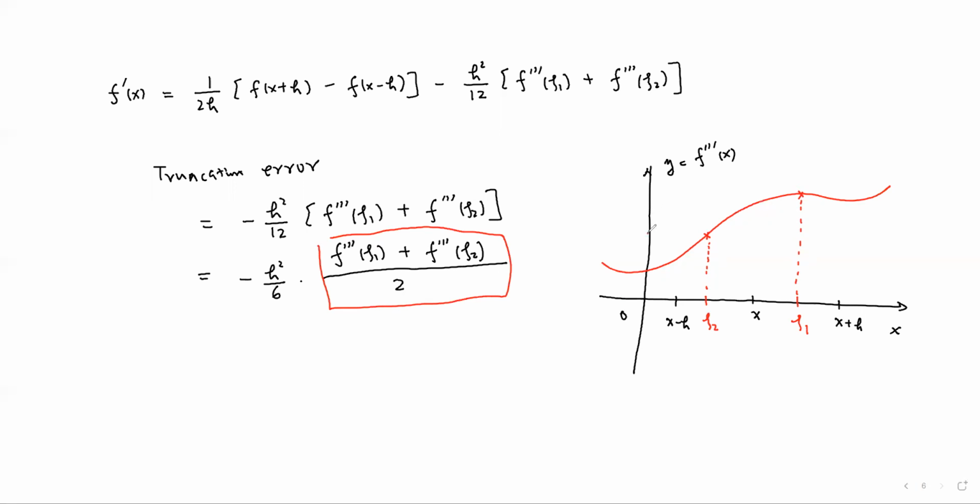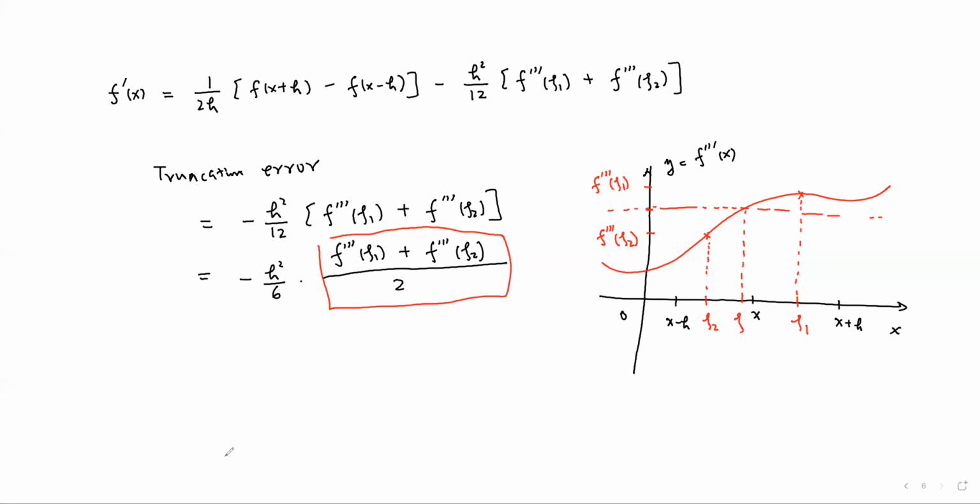So between psi 1 and psi 2, there is a point, let me call it psi, where the third derivative is equal to the average.